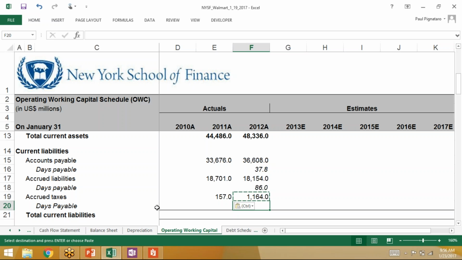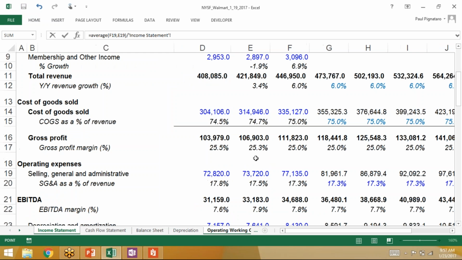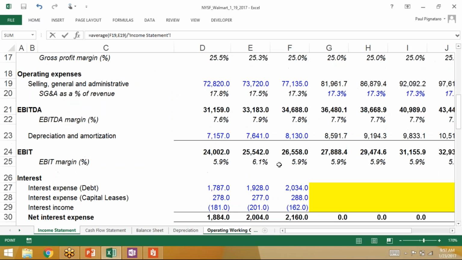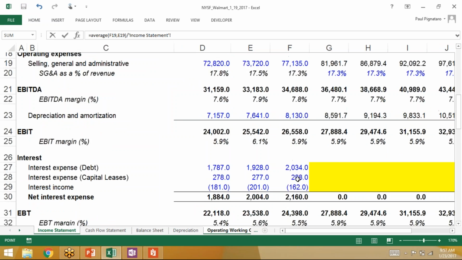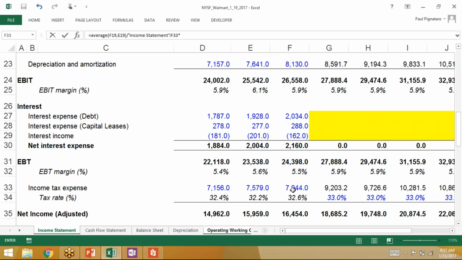So, what line item do we look at when calculating this? Income tax. Yeah, exactly. So, average this year, last year, divided by 2012 income tax times 360.